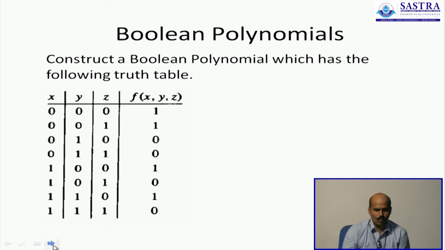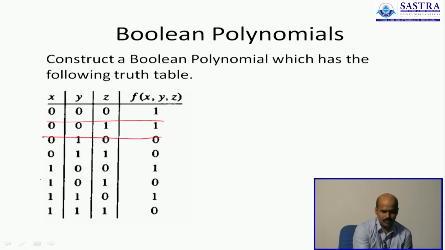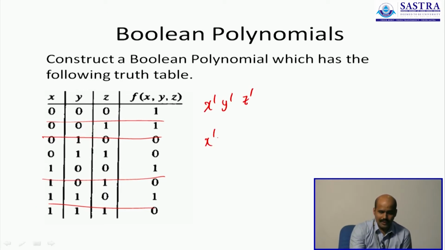Here we see that 1 is observed in the first row, the second row, the 5th row and the 7th. So let's write down, you'll have all complements to start with. X and y are complements but not z. X is complement but not y and z. X is as it is.